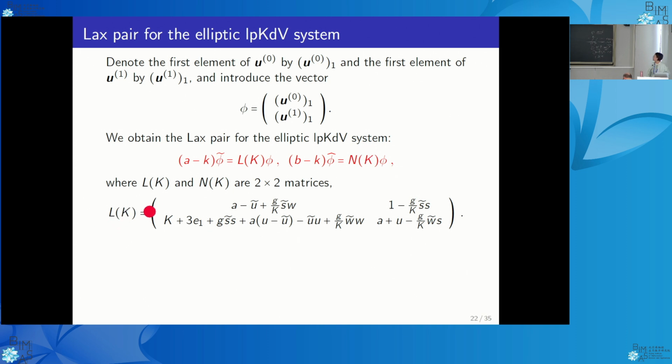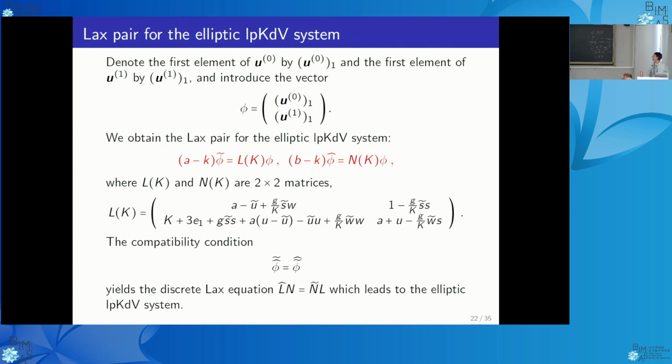N can be derived by changing A to B and tilde to K. The compatibility condition phi hat tilde equal to phi tilde hat gives the discrete Lax equation, which gives the elliptic lattice potential KdV system. So this system is integrable in the sense of admitting a Lax pair.